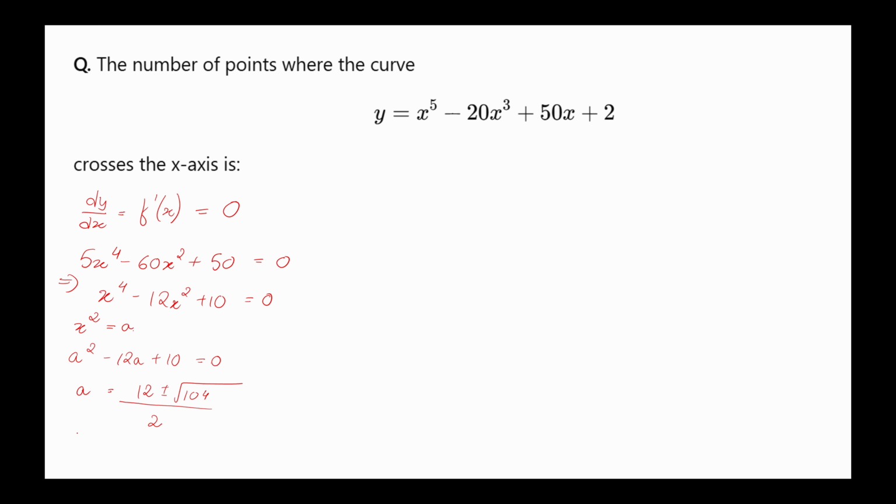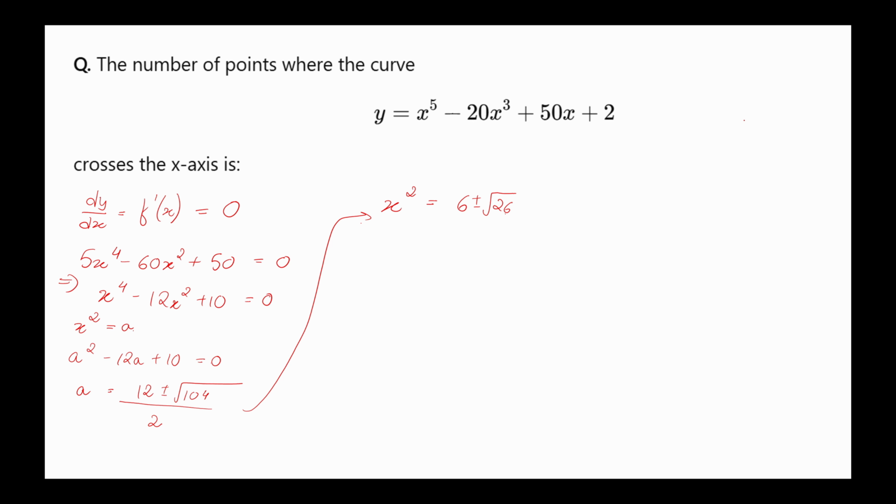So from here, what is my a, or I can simply replace it as x square. My x square is coming out to be 6 plus minus, and from here if I take 4 common, 4 can come outside as 2, so this would become root under 26. So this is my x square.